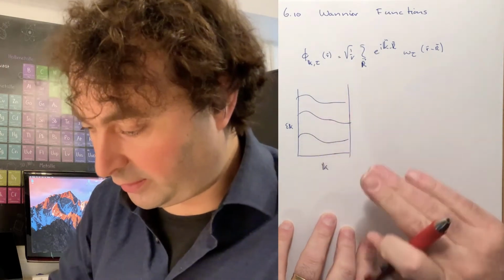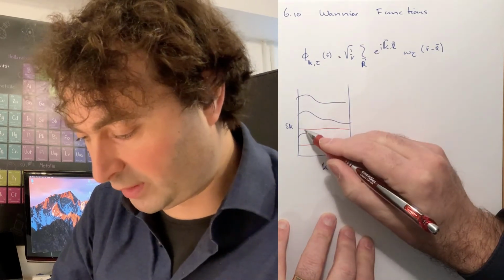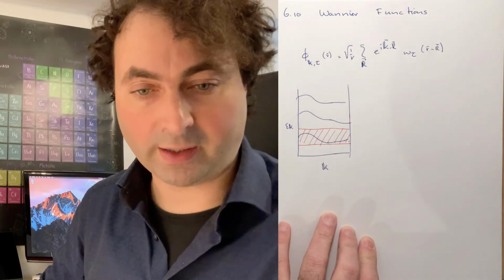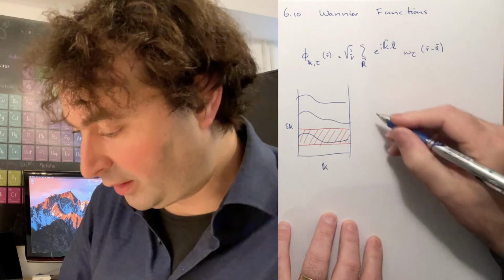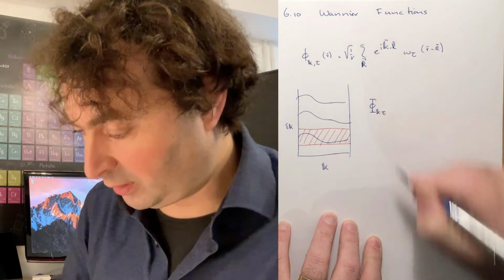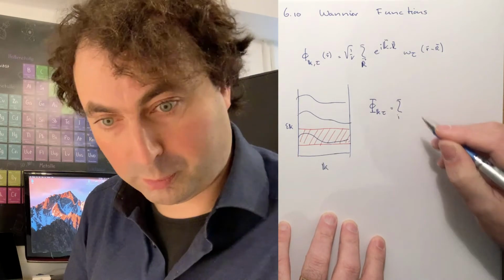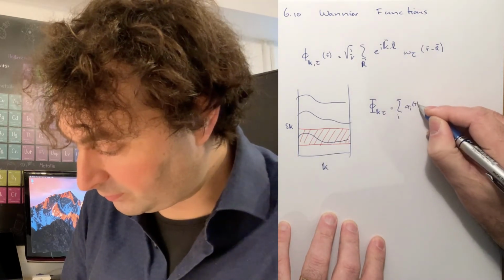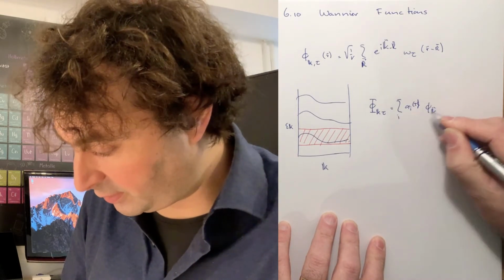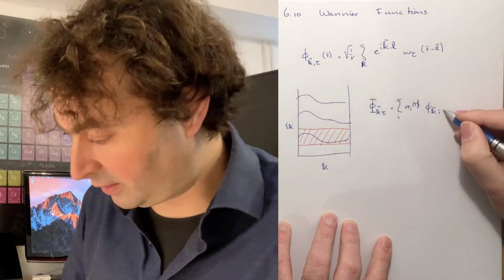What I now can do is say, well, if I want to make a low energy Hamiltonian that only focuses on the states within a certain energy window, I know that my eigenstates as a function of band index can be written as a superposition of my Bloch waves, where I have now my Bloch wave as a function of crystal momentum and Bloch wave index i.